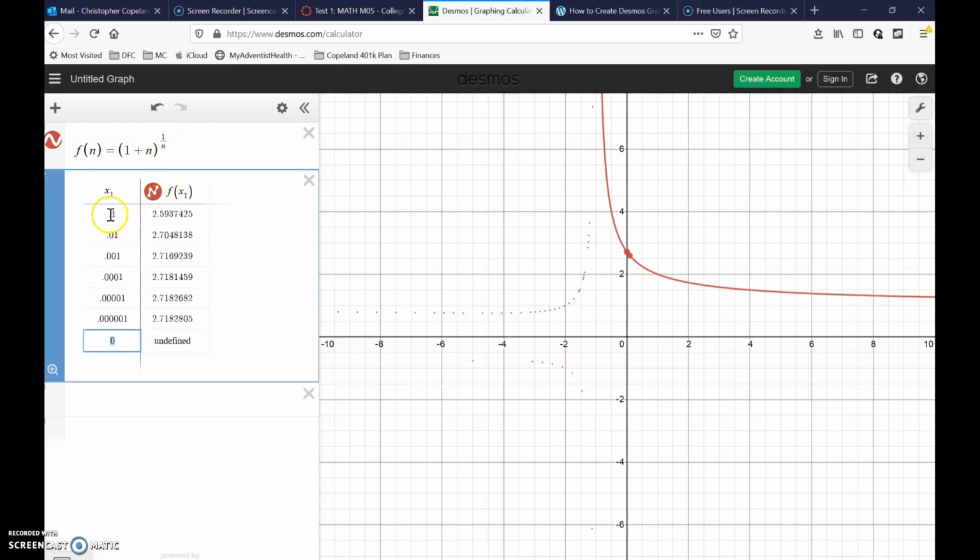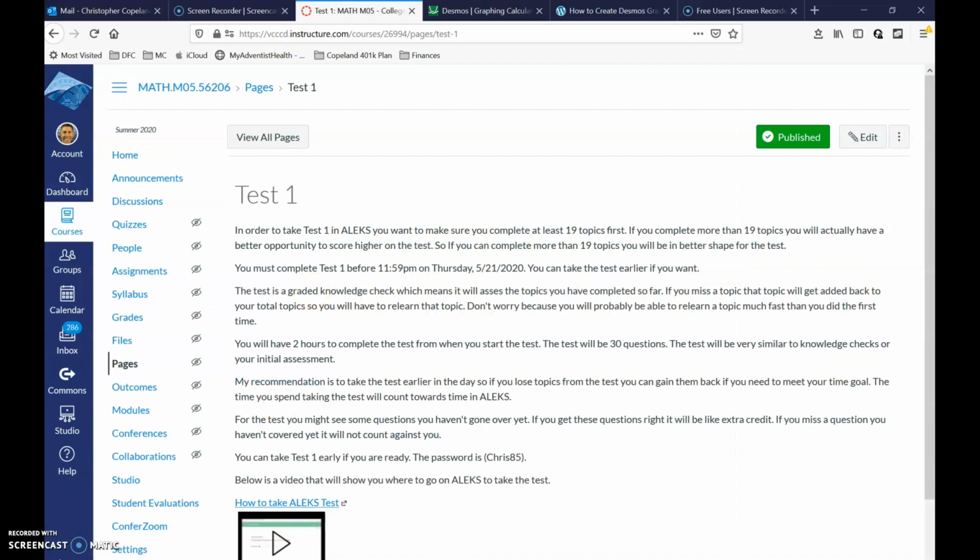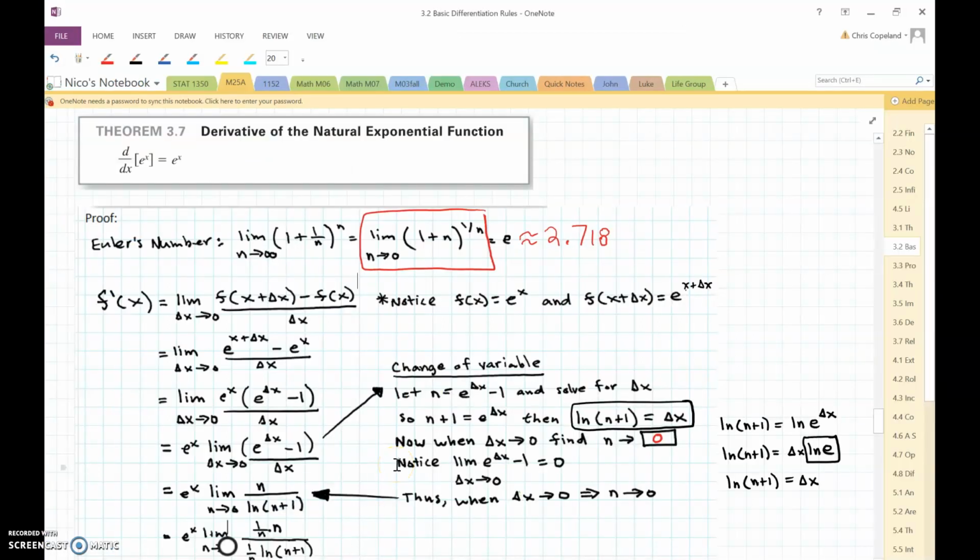But what I can do is take the limit as n approaches 0, coming from the right. You can see as it gets closer and closer to 0, you're getting this 2.718, which is e. Okay, so now we know where e is coming from.